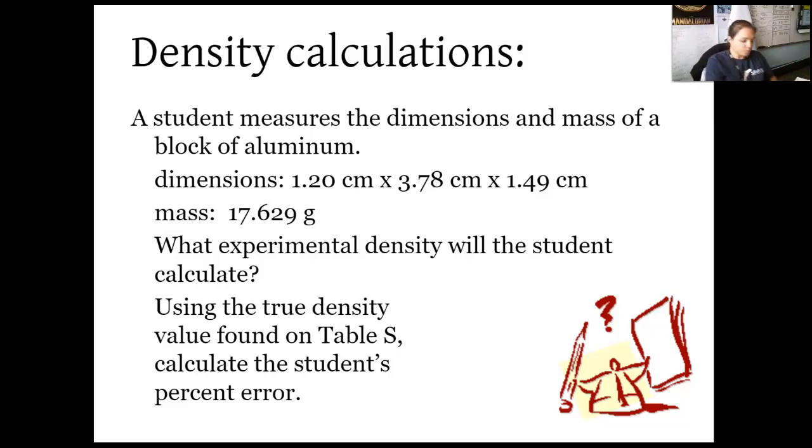All right. Volume equals length times width times height. We're going to have 1.20 cm times 3.78 cm times 1.49 cm. I know it's going to be cm cubed, so I'm just going to punch it into my calculator. 1.2 times 3.78 times 1.49.